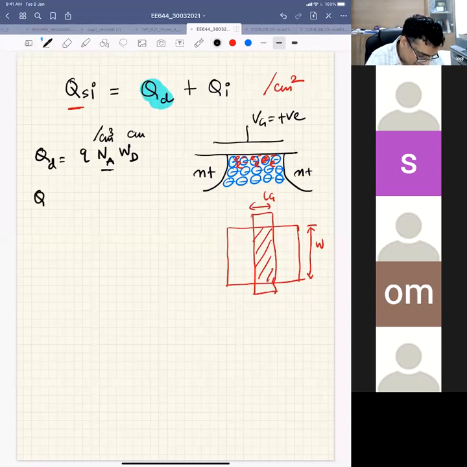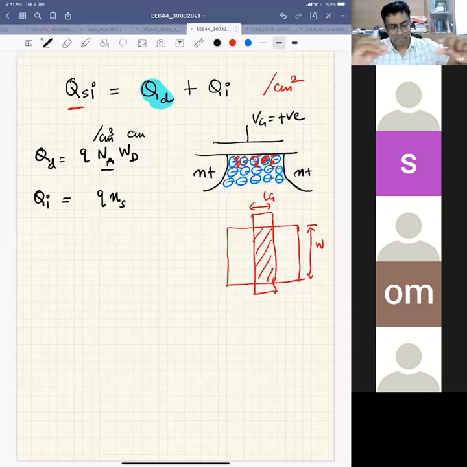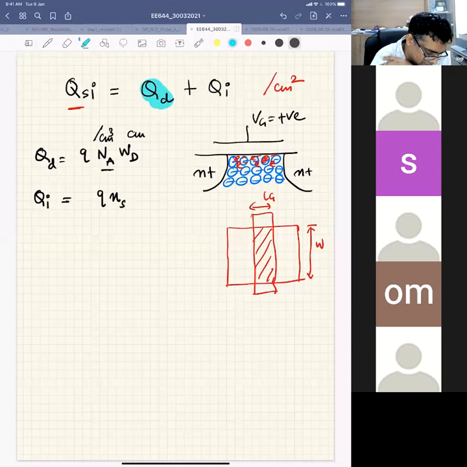Similarly, when I talk about Qi, the electrons are mostly accumulated at the surface, and they have a finite thickness.